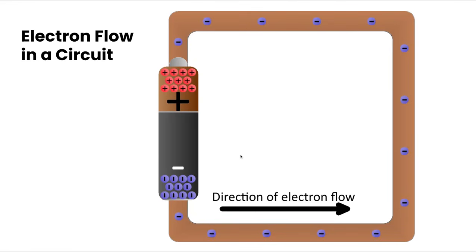Because electrons are negatively charged, they want to move away from the negative end of the battery because they're repelled by that end. They move through our circuit to the positive end of our battery because they are attracted to the positive charge. So electrons move from the negative terminal around our circuit back to the positive terminal. That is the direction of electron flow within our circuit.